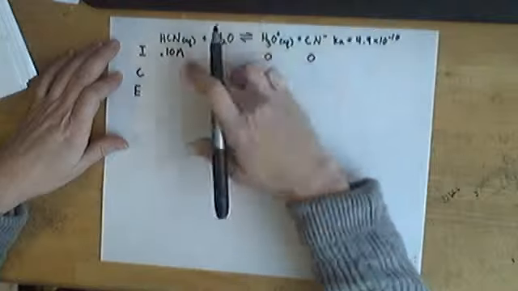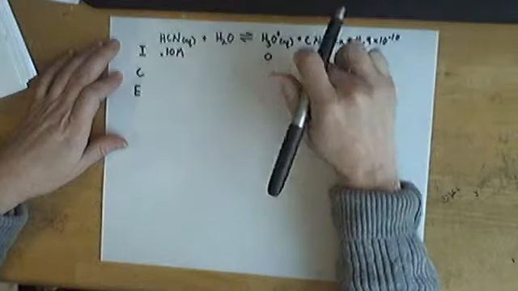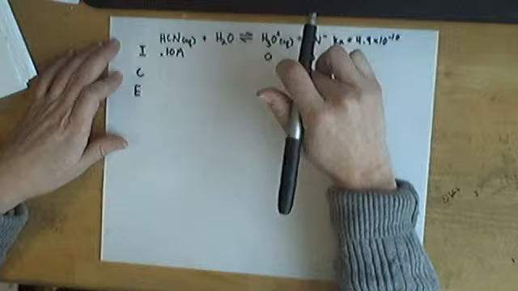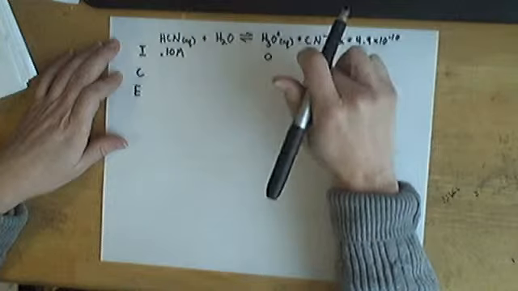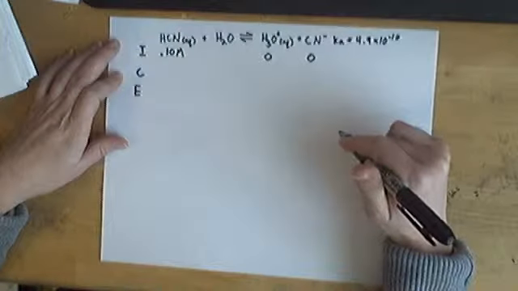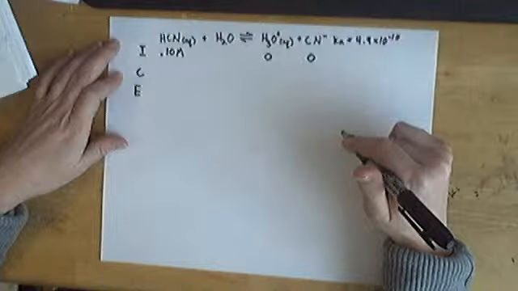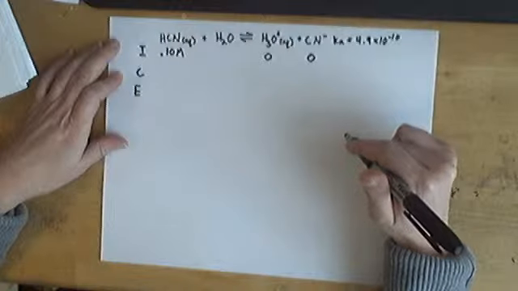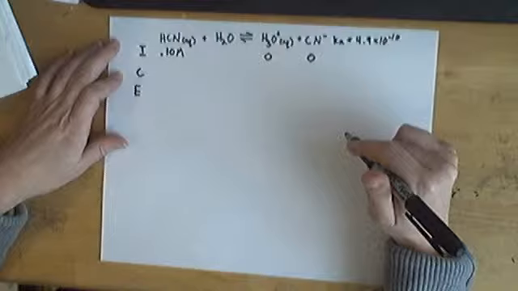Yes, there's hydrocyanic acid and there's ions floating around in it, but those concentrations are so low that whatever is happening with these concentrations of these other species is not going to significantly impact the concentration of the water. So the water's concentration is constant, it's built into the equilibrium constant, and we don't have to include it in our ice table, okay?